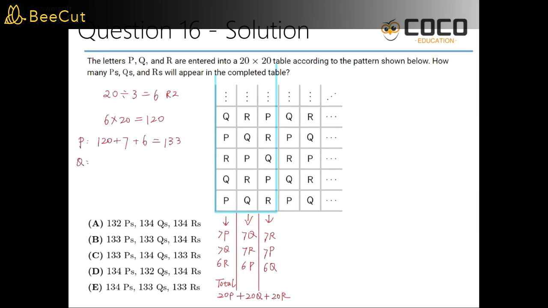For Q, first one is 7, second one is also 7. So there's 120 plus 7 plus 7, 134. And for R, this is 6 and 7. So 120 plus 6 plus 7, 133. And you look at the 5 options, this is option C.